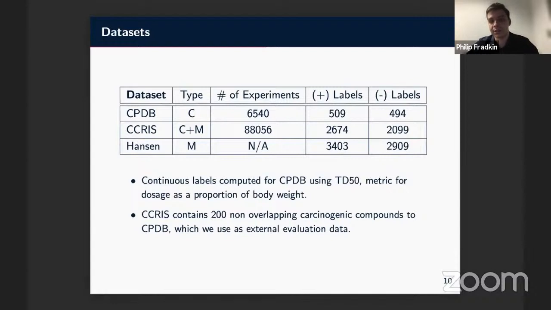Then we use CCRIS for our external validation, which contains 200 carcinogenic compounds non-overlapping with CPDB, and unfortunately, that only has binary labels. And then for the mutagenicity data set that we use for pre-training, we use the Hansen 2009 benchmark data set, and it contains more than 6,000 molecules, which is 5 times as large as our carcinogenicity data sets.